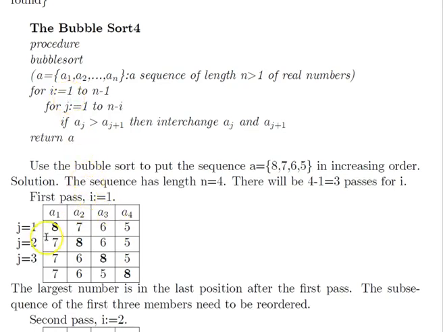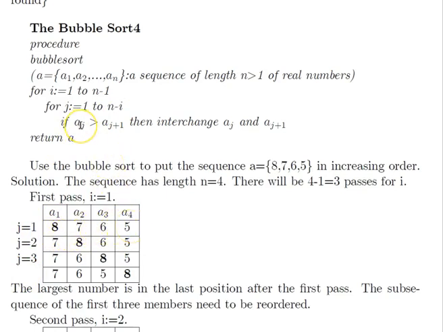When i is 1, the inner loop is executed for values of j from 1 to 4 minus 1, 3. So j will take 3 values. When j is 1, in the sequence we have these numbers.